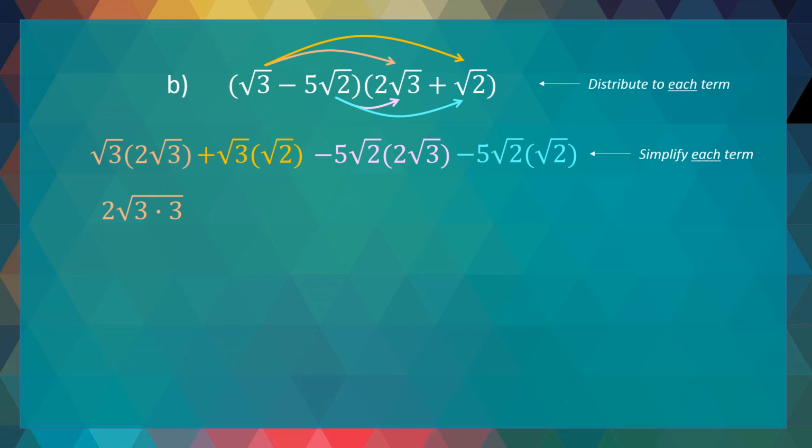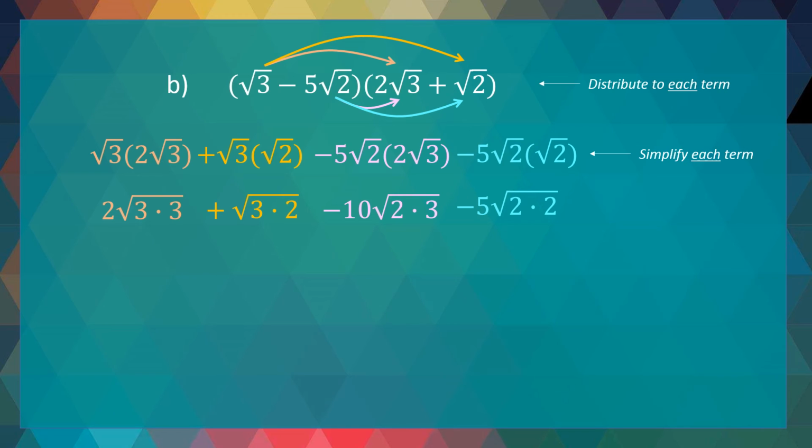The second term has no numbers outside the radical, but the 2 and 3 can be joined together in 1. The third term has a negative 5 and a 2 outside the radical, so that gives us negative 10, and the 2 and 3 can live together under a single radical. The last term has a negative 5 outside the radical, and the 2 and 2 can be together under the radical.